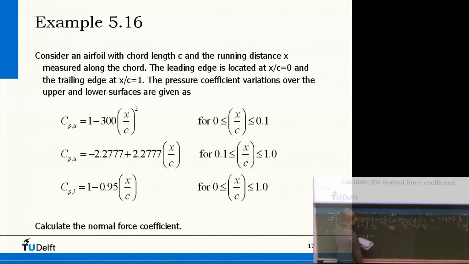So that's 100 times 0.1 to the power third is 0.1.